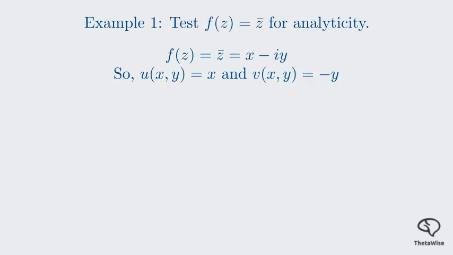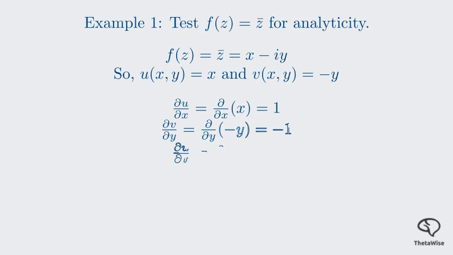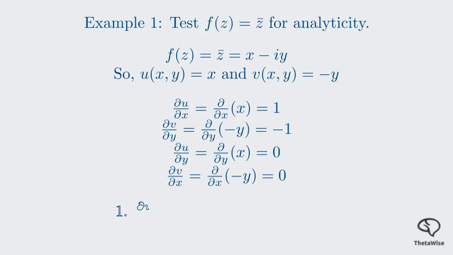Next, we find all four partial derivatives. The partial of u with respect to x is 1. The partial of v with respect to y is negative 1. The partial of u with respect to y is 0, and the partial of v with respect to x is 0. Now we check the Cauchy-Riemann equations. The first equation, ux equals vy, becomes 1 equals negative 1. This is false.